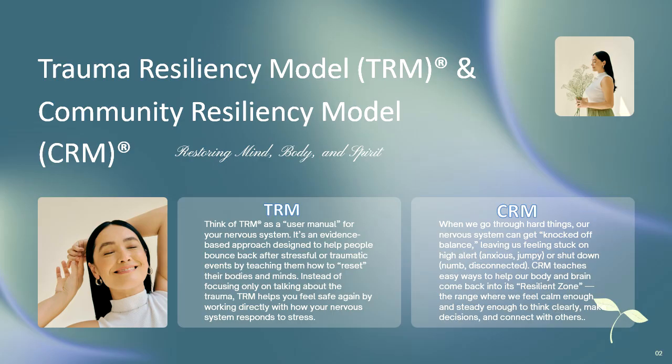So what is the trauma resiliency model? From this point, I'm going to start saying TRM. Think of this as a mind-body toolkit that we use to help a person heal from trauma. However, instead of only focusing on talking about what happened, TRM helps teach people how to use their body's natural abilities to feel safer as well as more balanced.